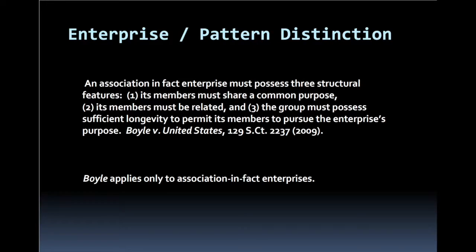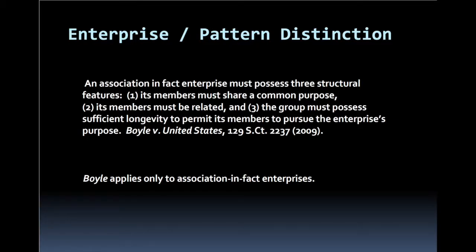Number one, the members of the enterprise need to share a common purpose, and that common purpose can be to defraud their victim or to make money or to engage in whatever acts of racketeering activity they're engaged in. So the first thing you need to prove is that the members of the enterprise have a common purpose.